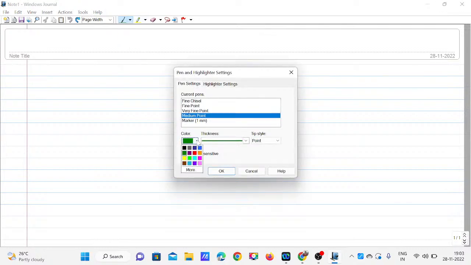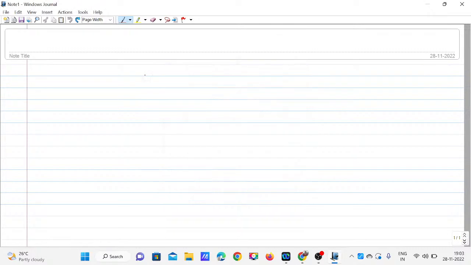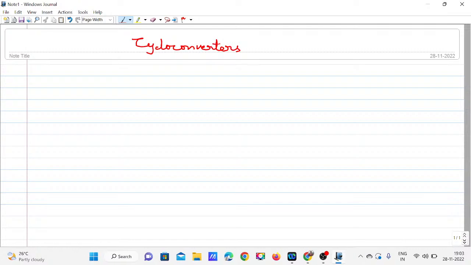So today I am going to discuss cycloconverters. Cycloconverters are very easy because these are just like rectifiers and almost equal to AC voltage controllers only.